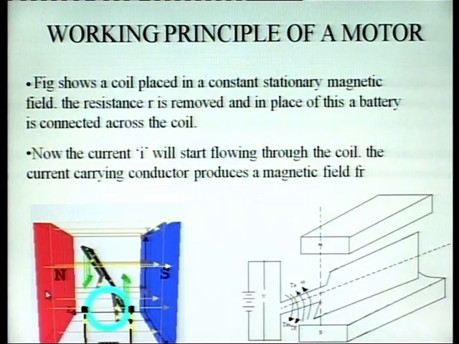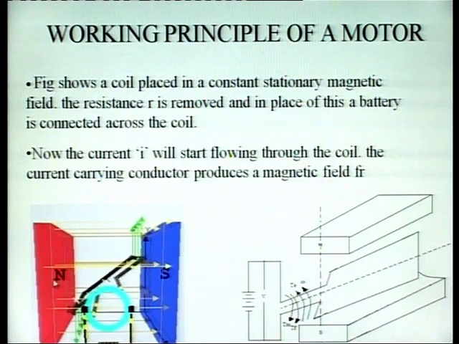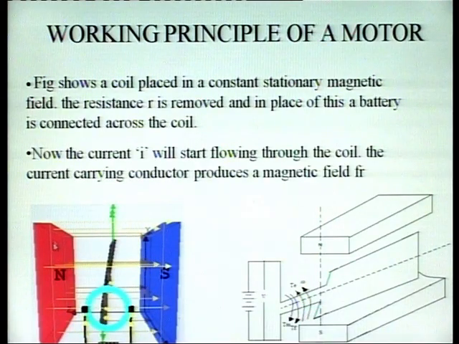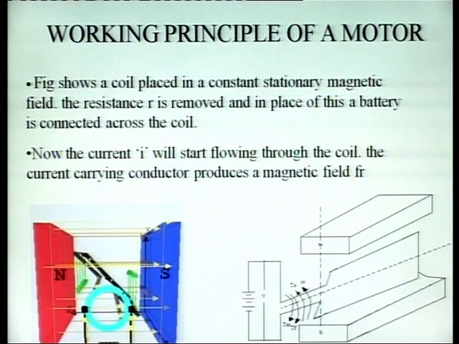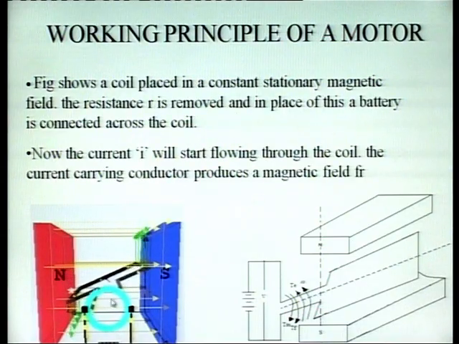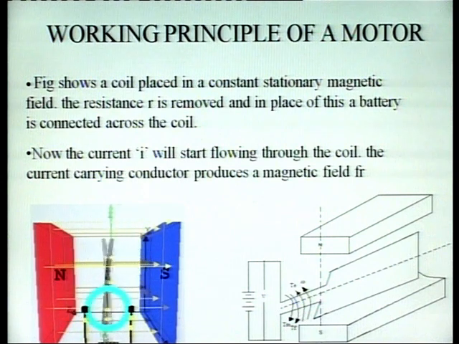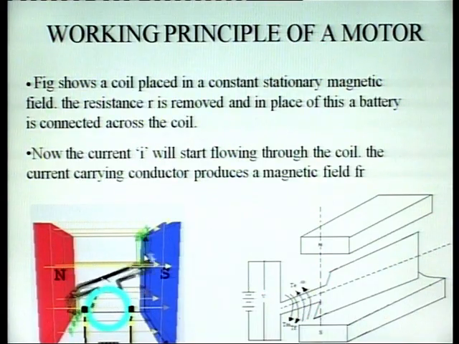So, you can see in this animation that the main field, that is the field of this permanent magnet north and south, is from north to south. This is the main field, and this is the rotor field. Here this is a battery. When we connect the battery to the coil or conductor, a current will flow in this conductor, which will produce a rotor field.